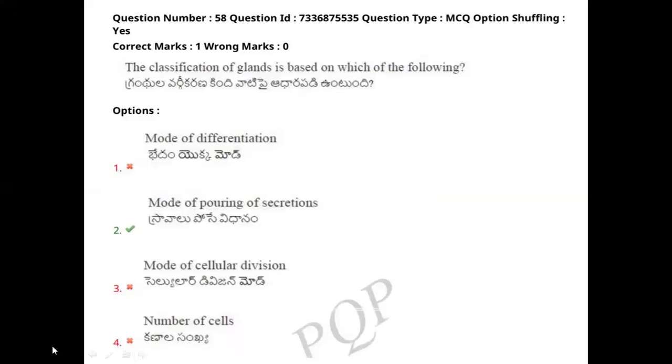Next, the classification of glands is based on which of the following? It is generally based on the modes of pouring of secretion.